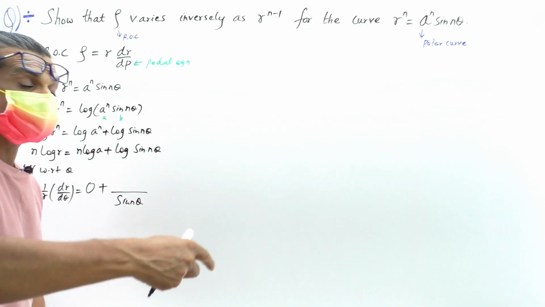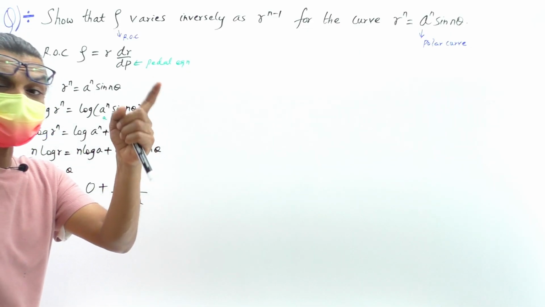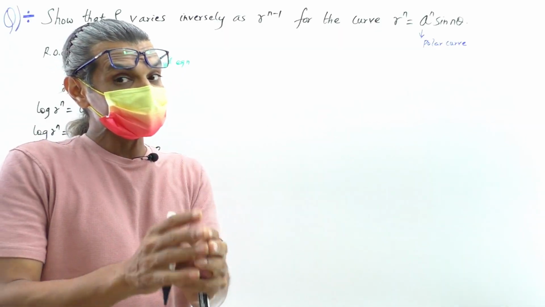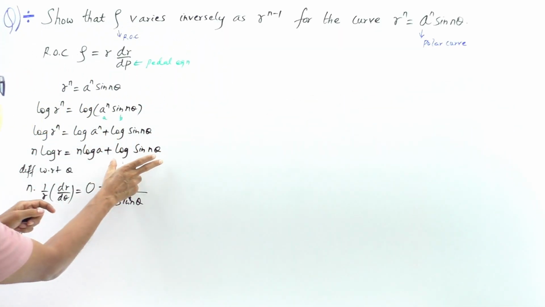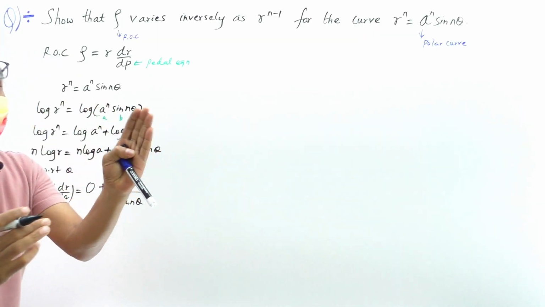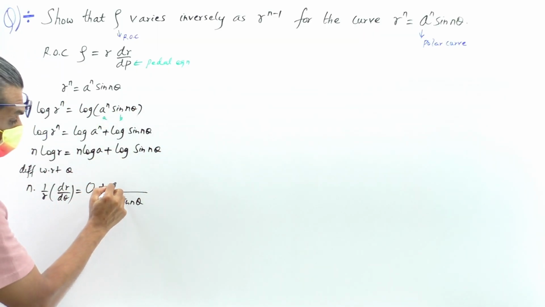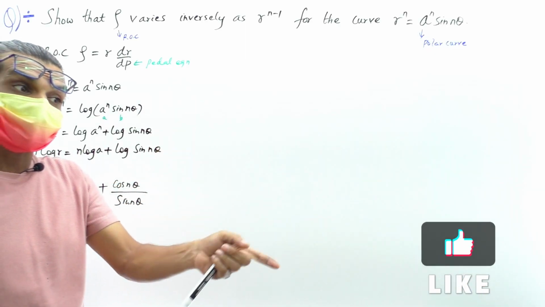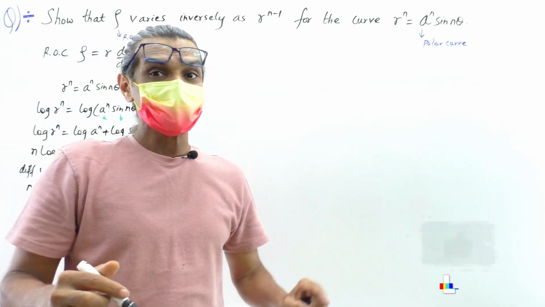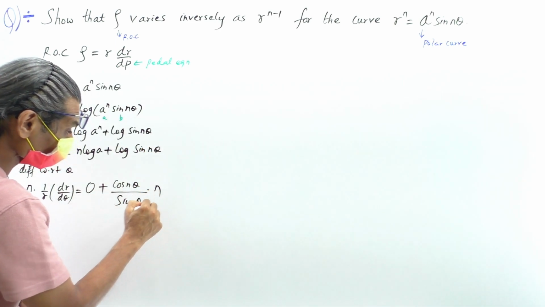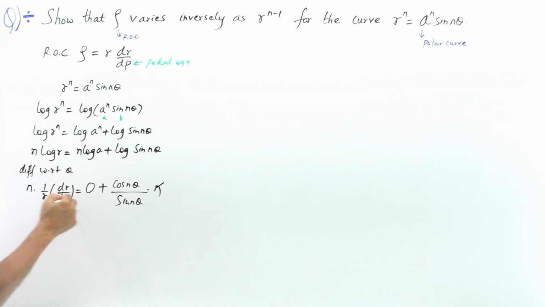Again the chain rule applies: the derivative of sin n theta is cos n theta, and then the derivative of n theta gives a factor n. So the n cancels.